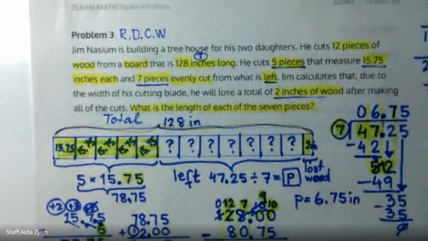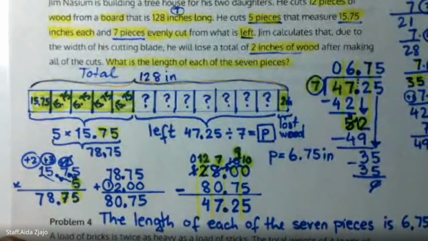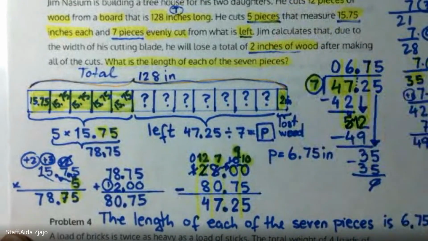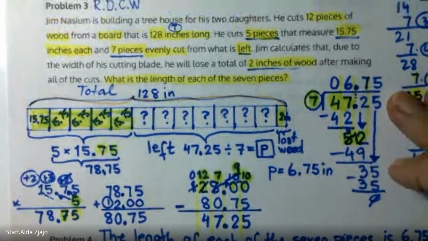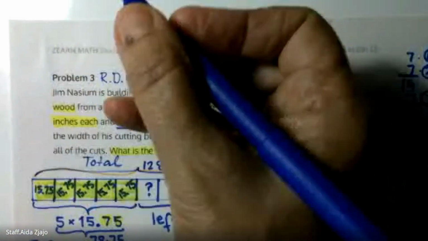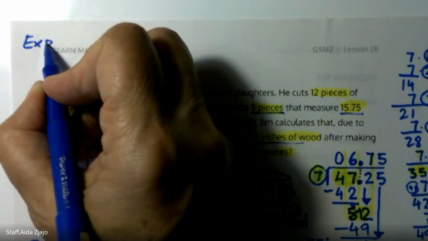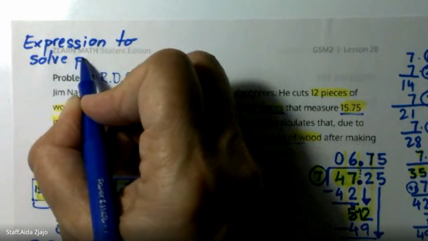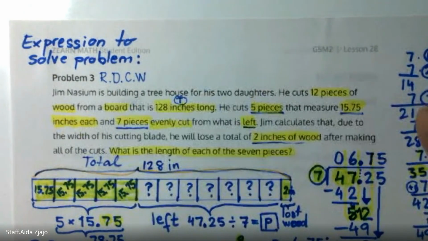If I'm thinking about how I could make an expression for this problem, I could think about the language, what they say, and then use parentheses, brackets, and braces to make the expression. This is just additional. So we start with what we have.